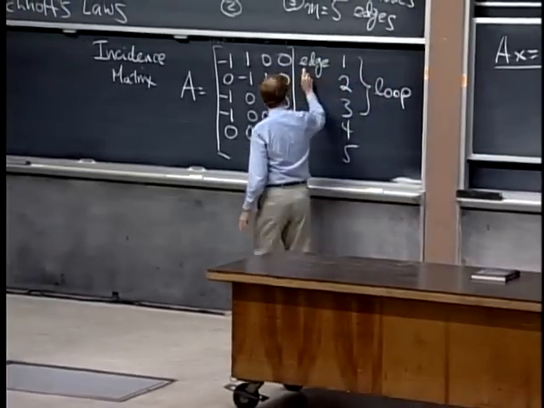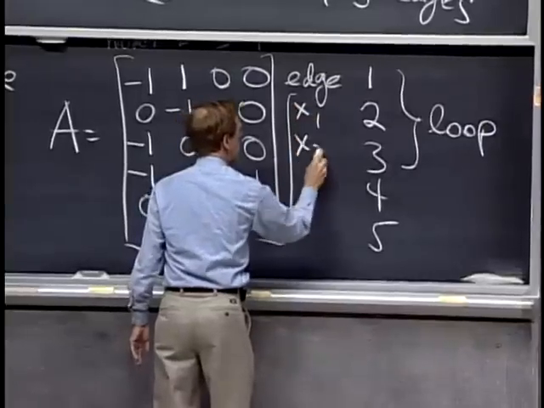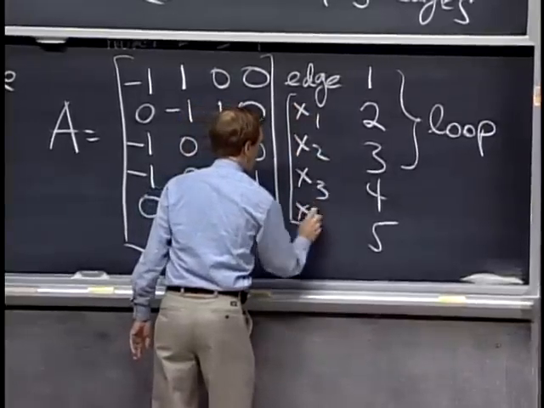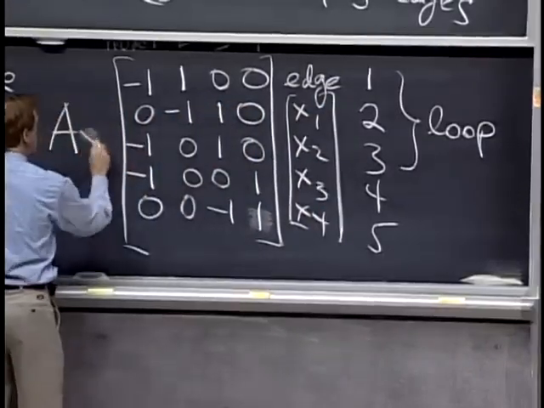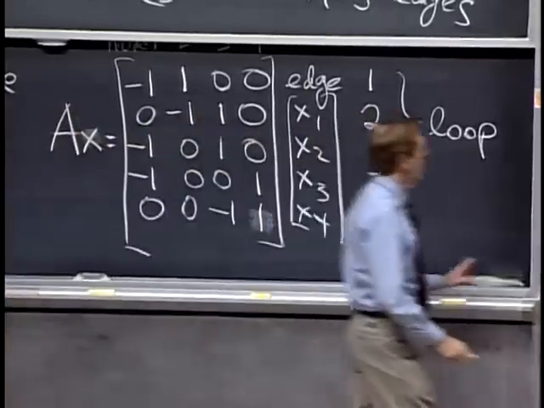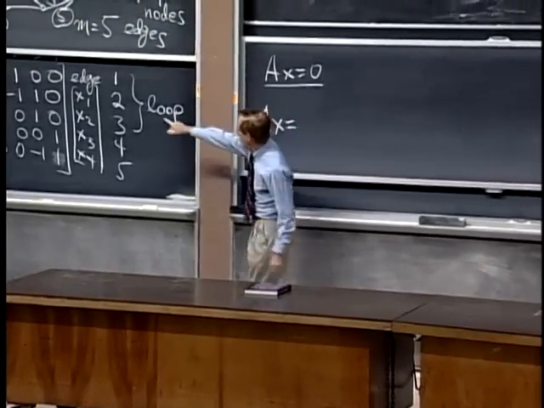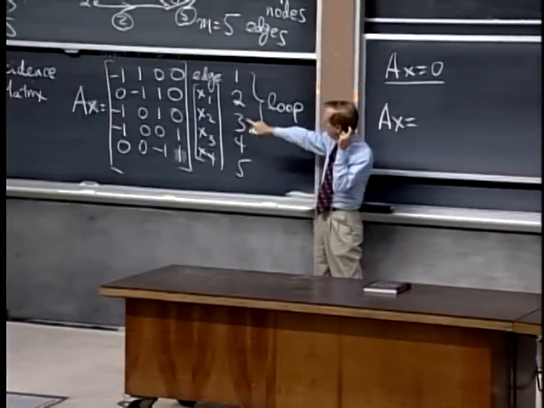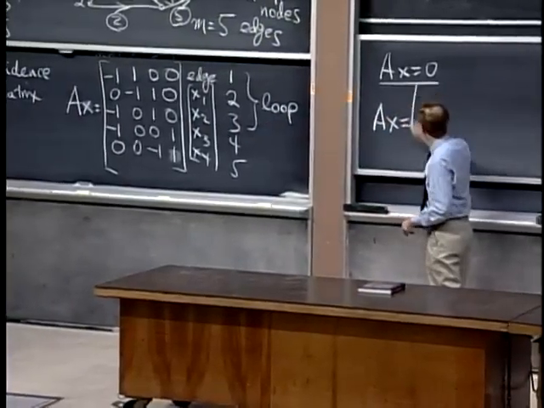Can I put x in here in little letters? x1, x2, x3, x4. It's got 4 columns. Ax now is that matrix times x. And what do I get for Ax? If the camera can keep that matrix multiplication there, I'll put the answer here.